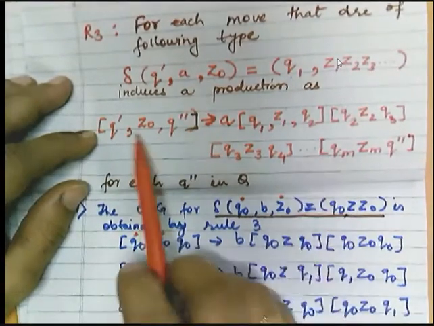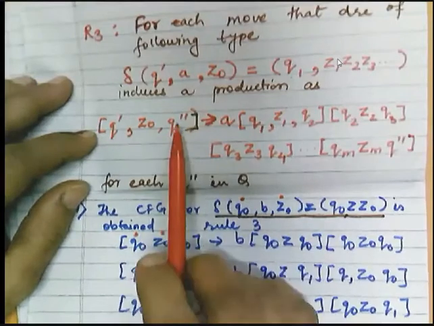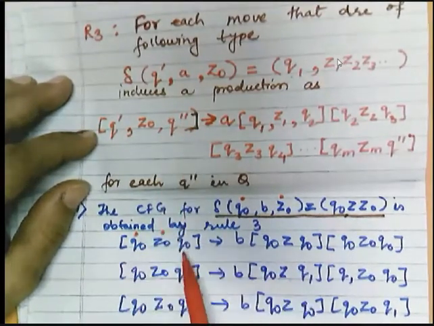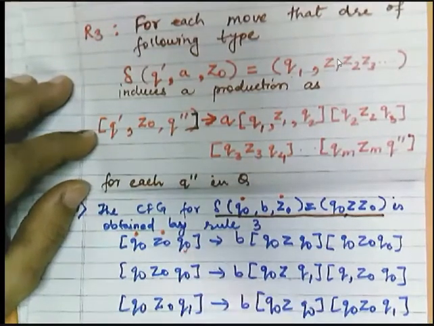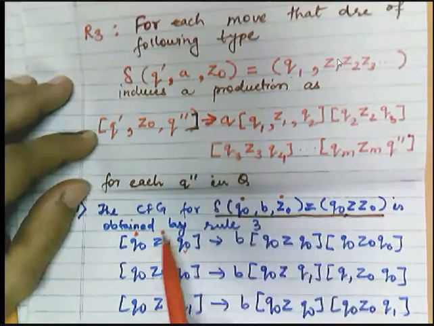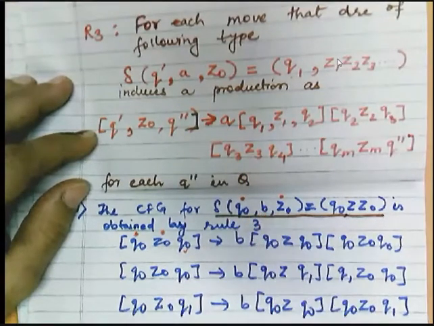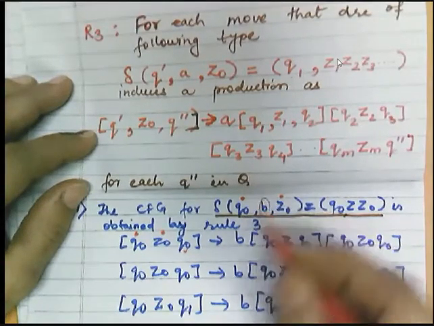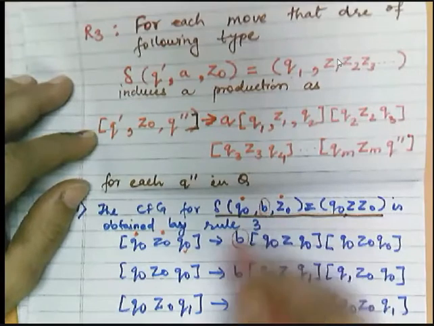And now here we want Q2 dash. That means we have to consider all the states. Very first we take Q0. It produces A, which we get from here. This B is written here as B.